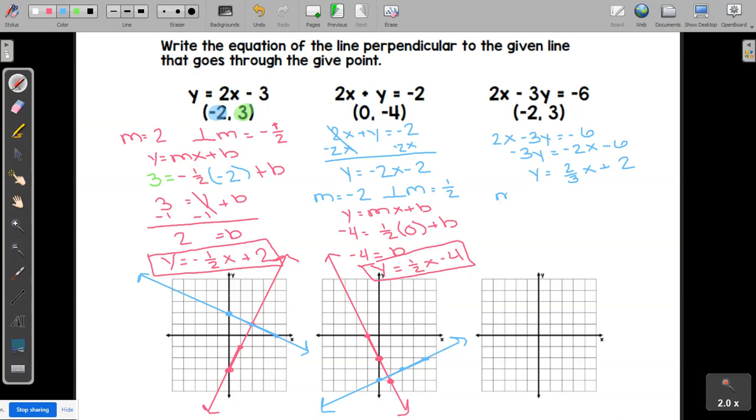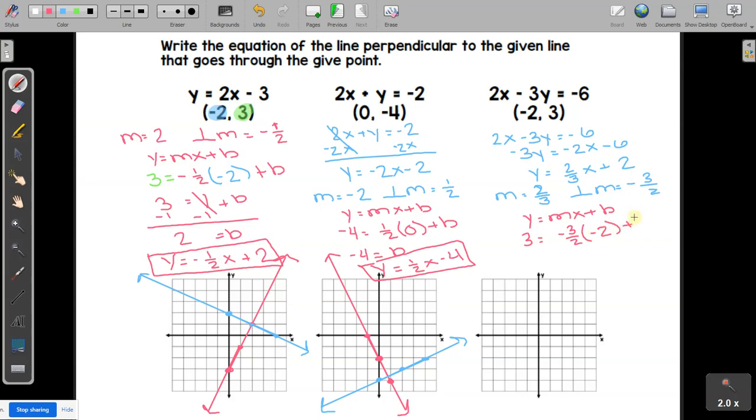Now, our slope for this equation is 2/3. Our perpendicular slope is negative 3/2. So let's find what our y-intercept is for our new equation. So we're going to start with y equals mx plus b. Our y is 3. It's going to equal our new slope of negative 3/2 times our x of negative 2.